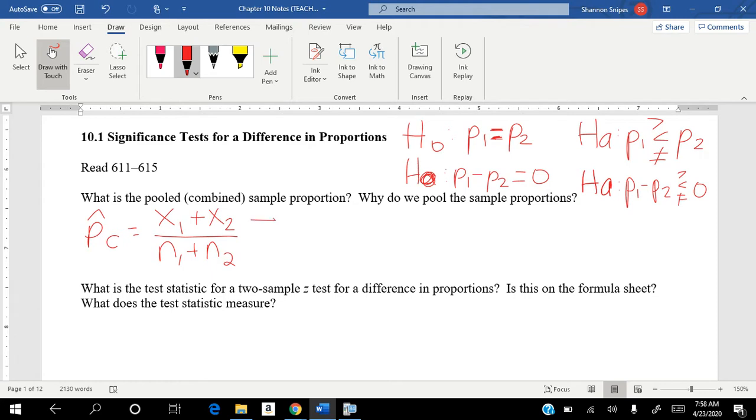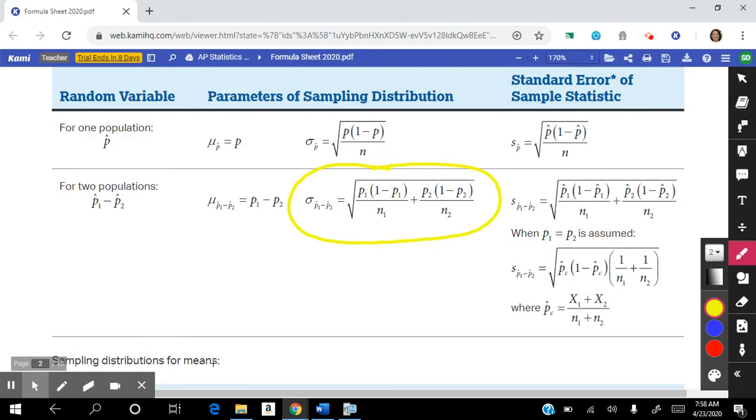So this top number right here is your combined successes, over your total number of subjects or people, whatever you're doing. So the total number of people that you've asked the question of, or the people in your experiment. So let's look at your formula sheet and see what they have here.